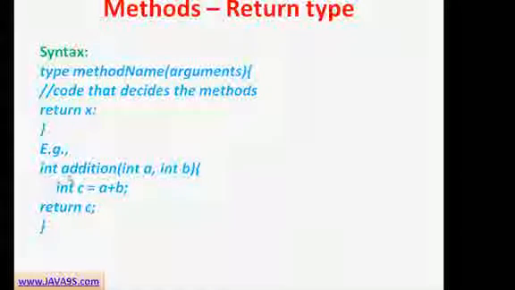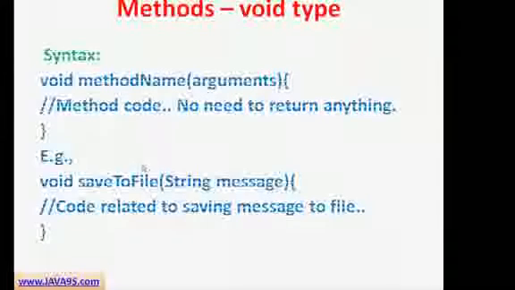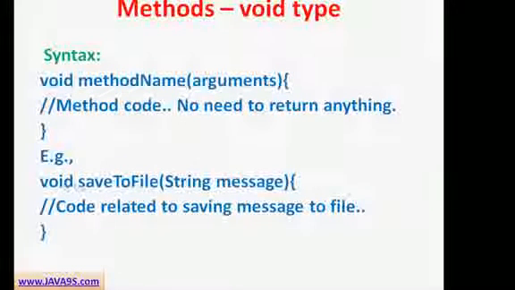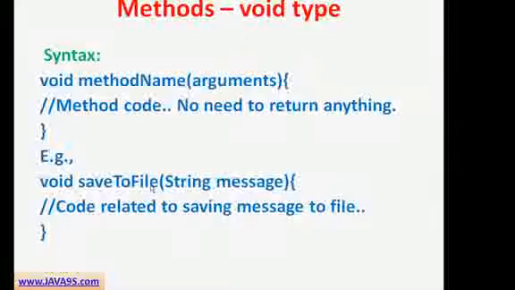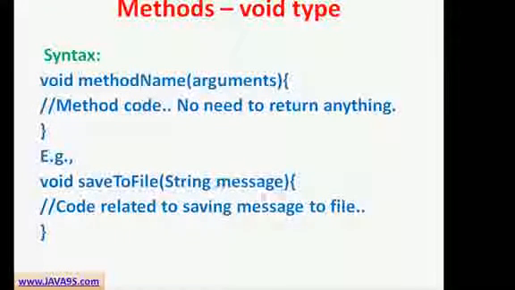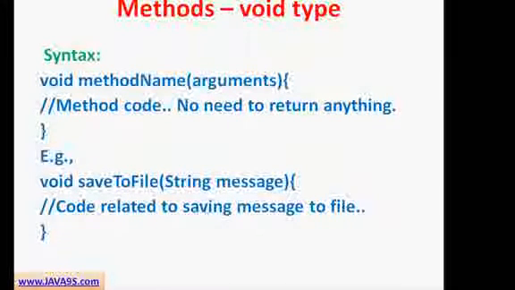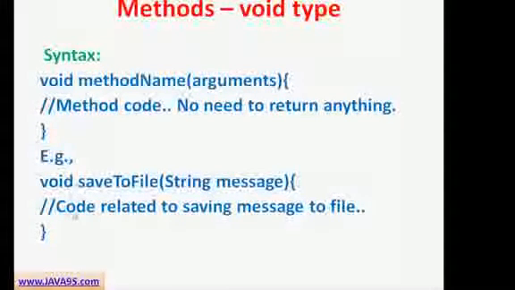So these are the method return types. If you look at the void type, I'm saying void save to file. I'm just saving whatever message I'm sending to a file. Here comes the code related to saving the message to the file. I'm not getting anything in return, so you have a void statement here. When you have void, there should not be any return value that you give.